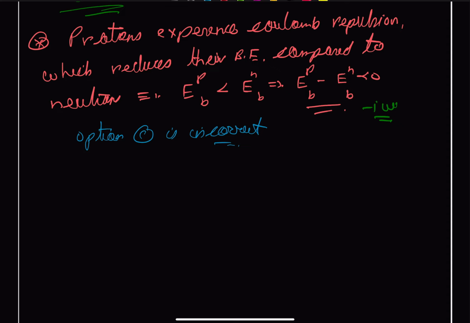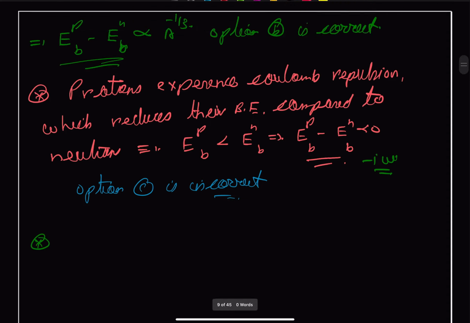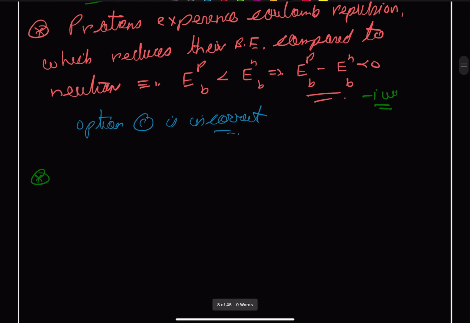And now we come to option D, and it states that for the beta decay our proton binding energy increases.